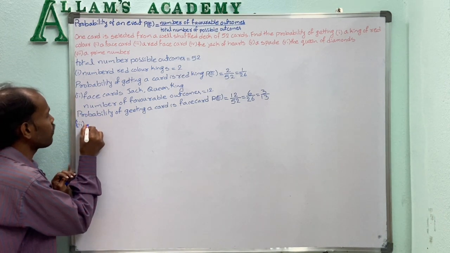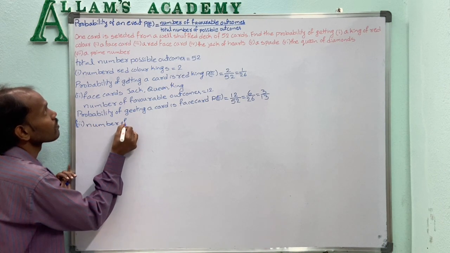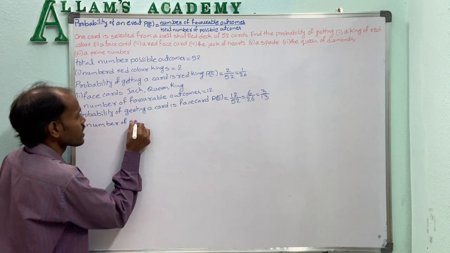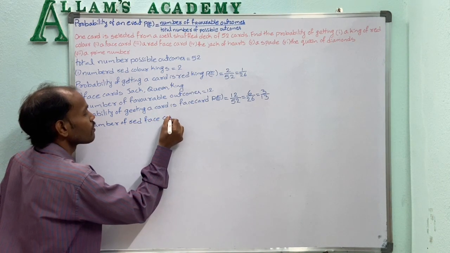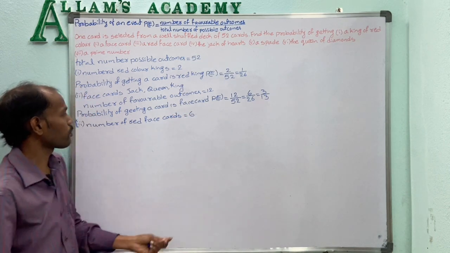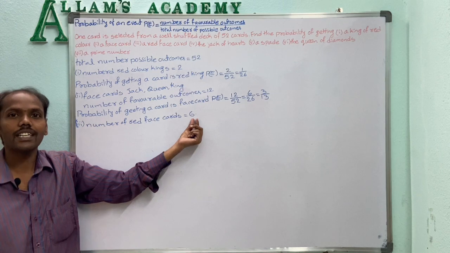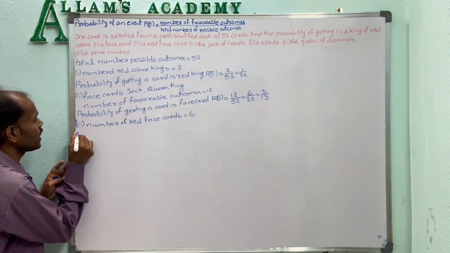So the number of red face cards is 6, which is the number of favorable outcomes.